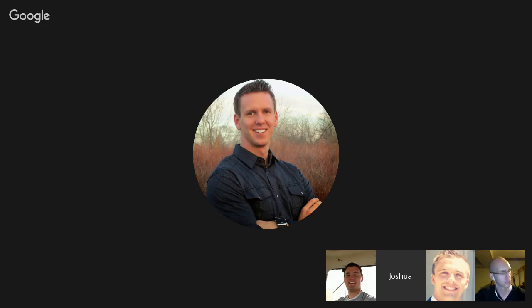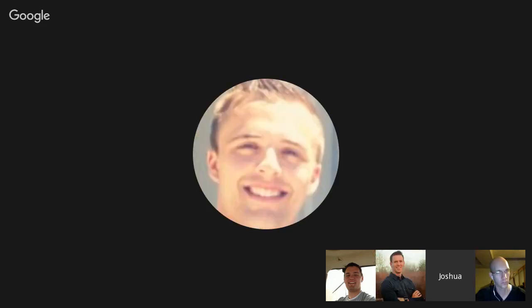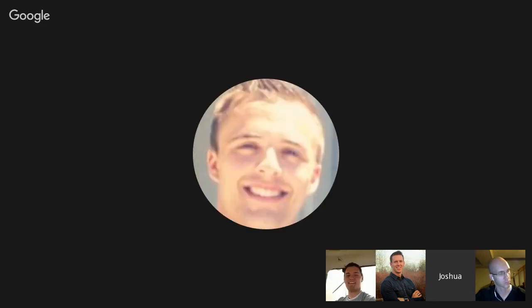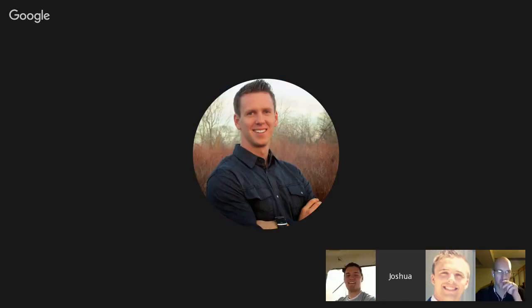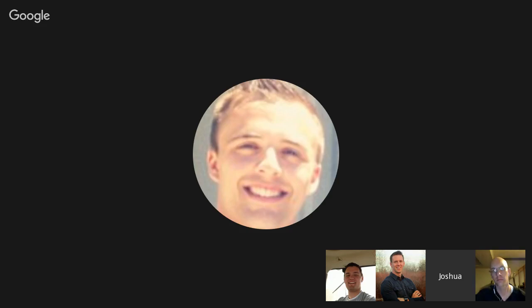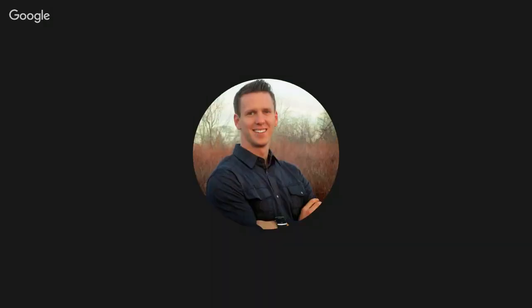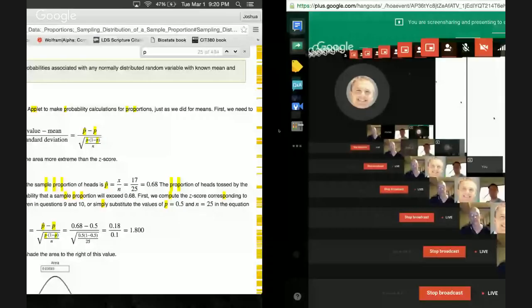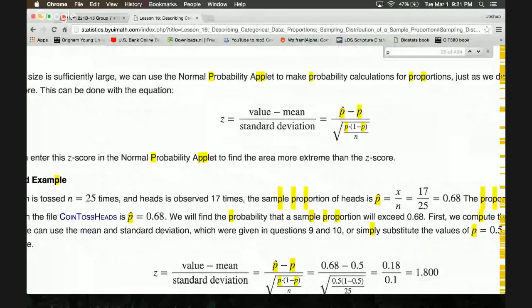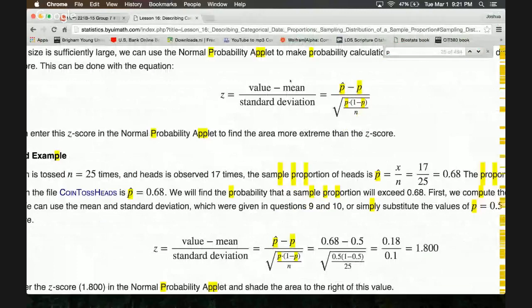I don't think that makes sense. Do you have the equation for z-score from that chapter? I'll screen share again. Yeah, let's take a look at it. There's an example of this towards the bottom, right here. To define z-score, you just take the value, p hat, minus the mean, which is p, and divide by the deviation.